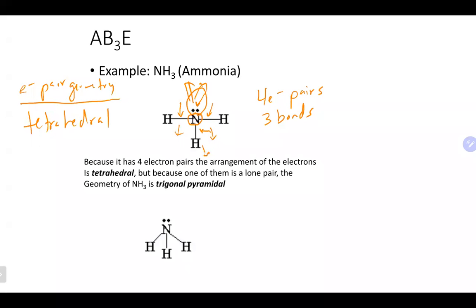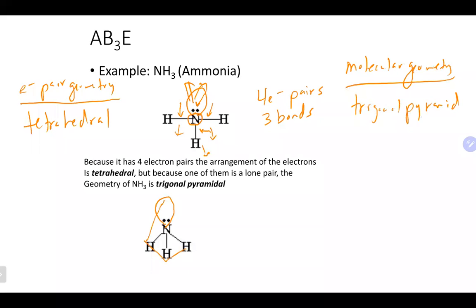And we end up with a molecular geometry known as trigonal pyramid. And I just heard somebody say they saw it. So this is what we got, kind of like a triangle shape that becomes kind of pyramidal on the bottom is essentially what happens in this particular case. And that is really where the name comes from.